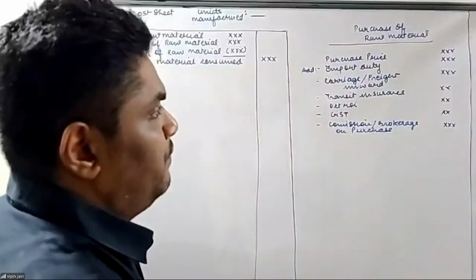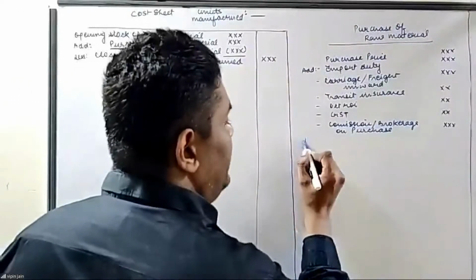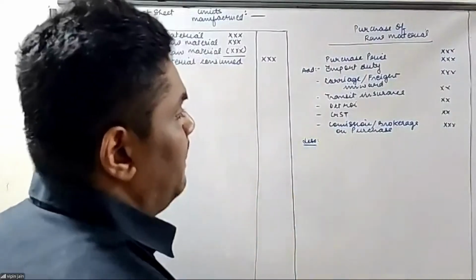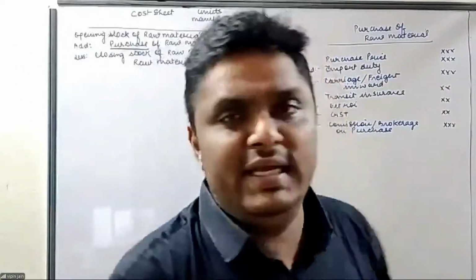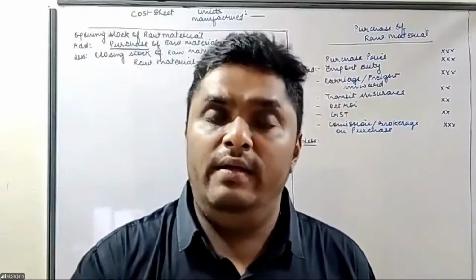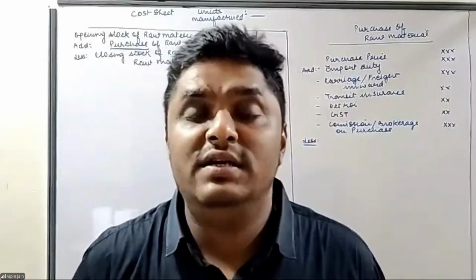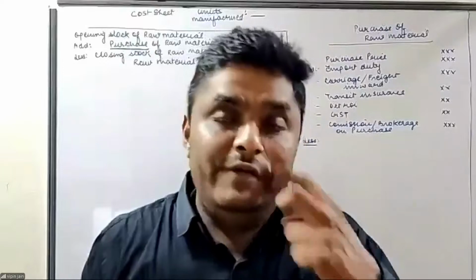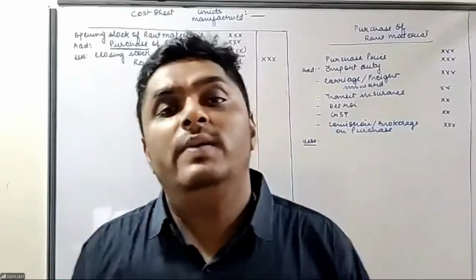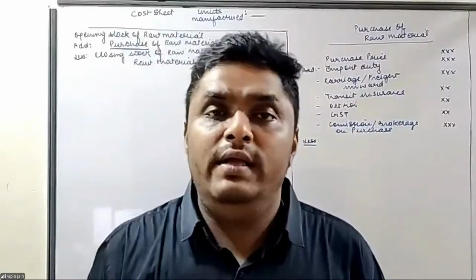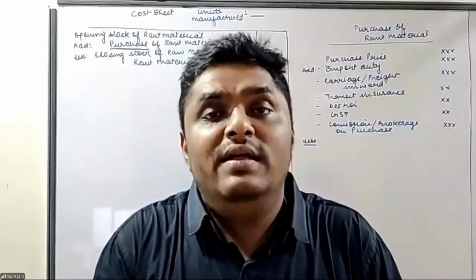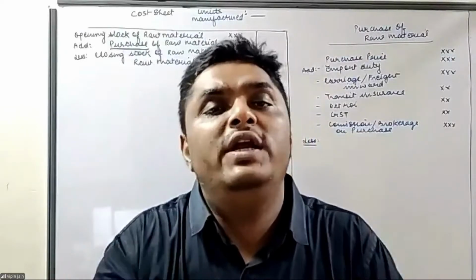Now, certain items will be deducted. If we are paying GST, we will add. But let's say I'm a registered dealer and I'm getting the credit back of the GST. So if I'm getting the GST credit back, it will be deducted. Very important thing: if in the question GST is given and it's written that GST credit is available, no need to add and subtract.